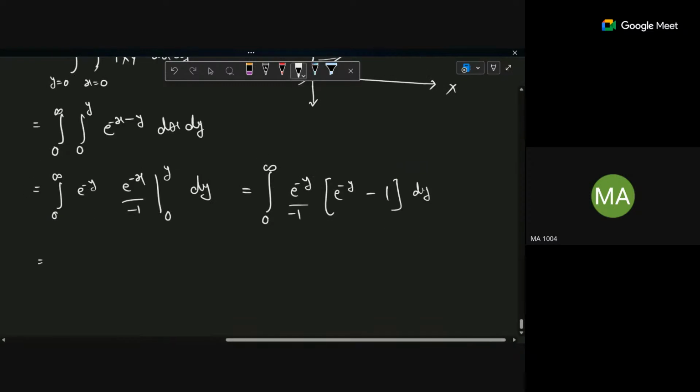Then minus minus plus, so e to the power minus 1 minus y and minus e to the power minus twice y.